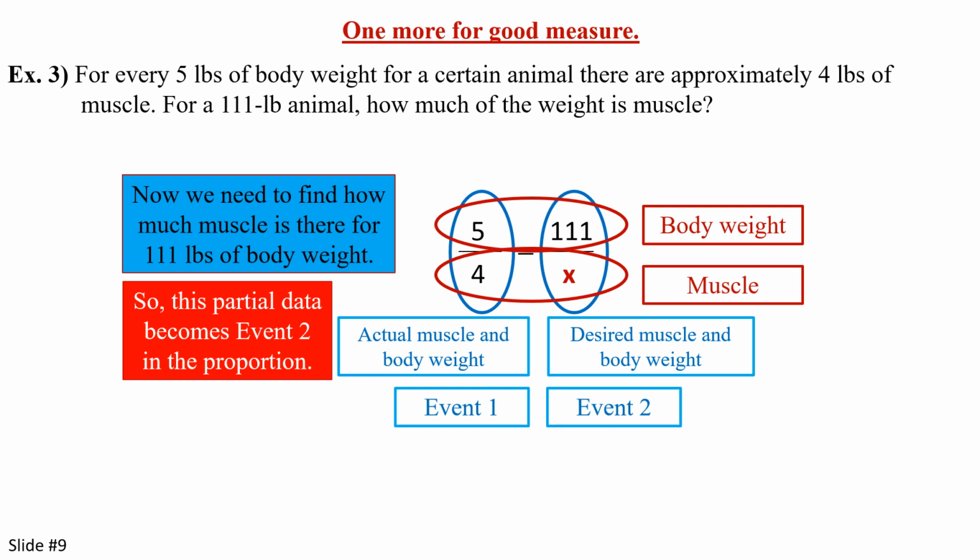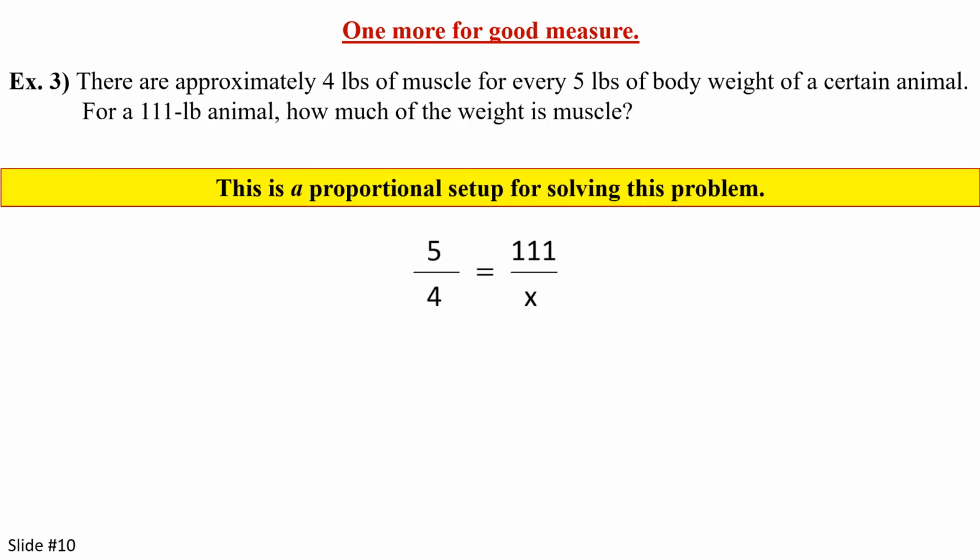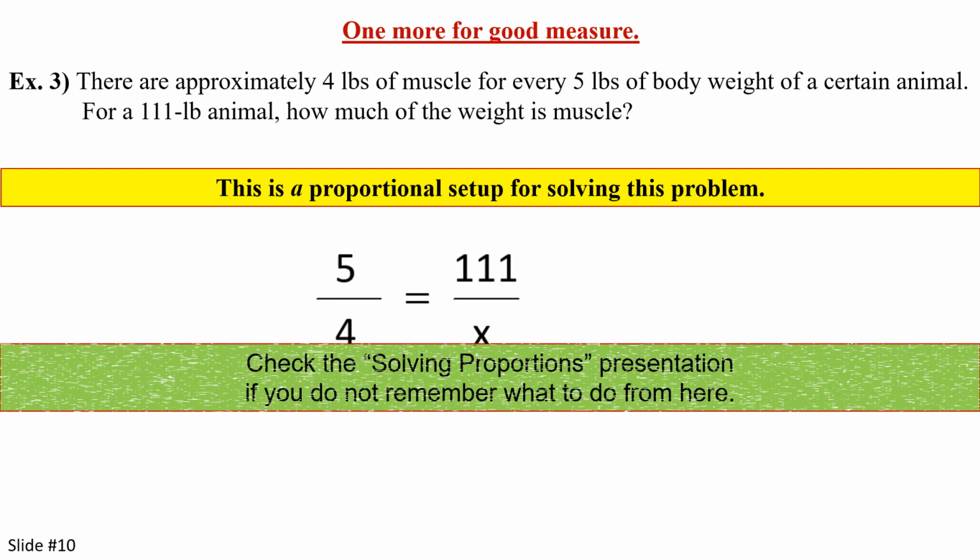And for muscle, I don't know, so I put an X. So there is the setup. 5 over 4 equals 111 over X. This is a proportional setup. And again, remember, check the solving proportions presentation if you do not remember what to do from here.